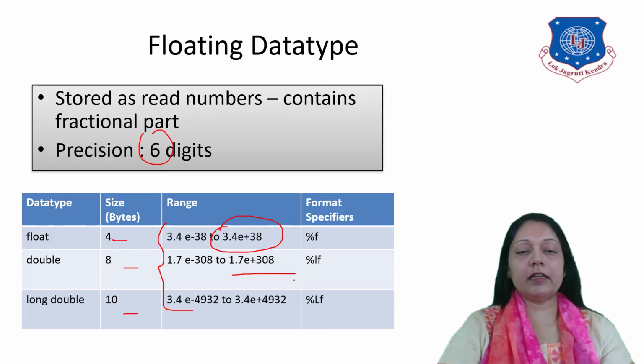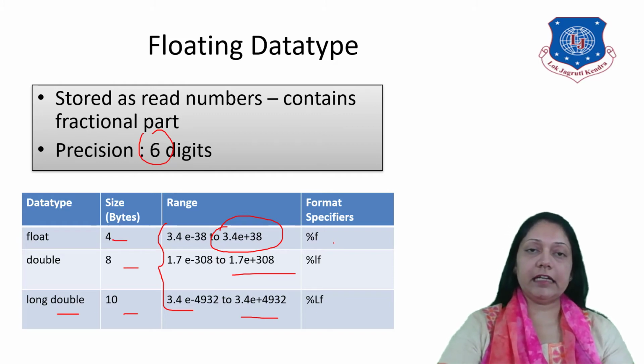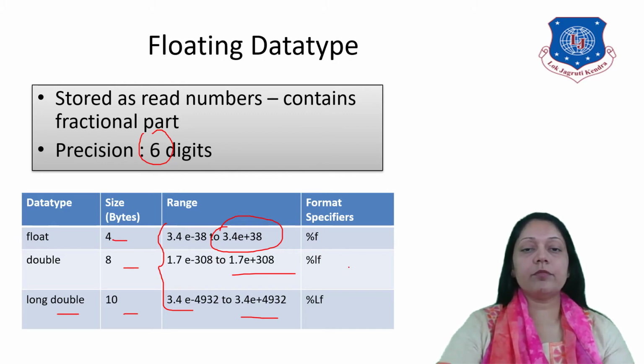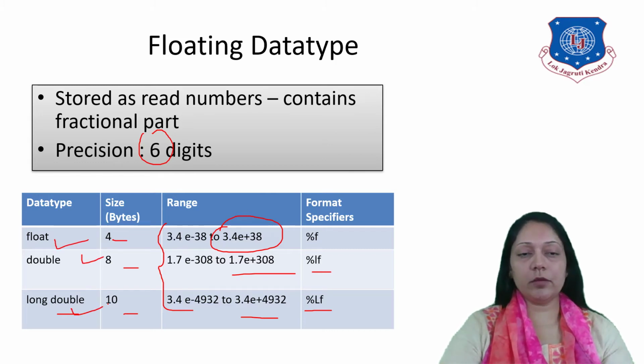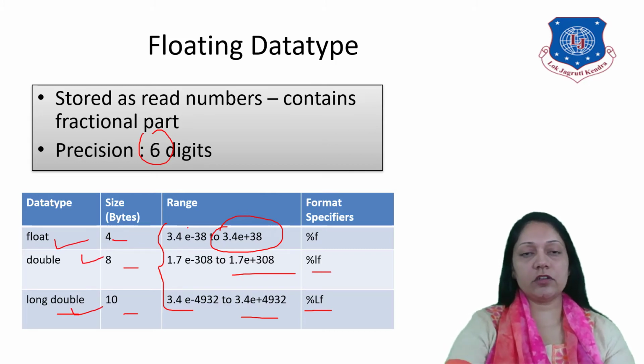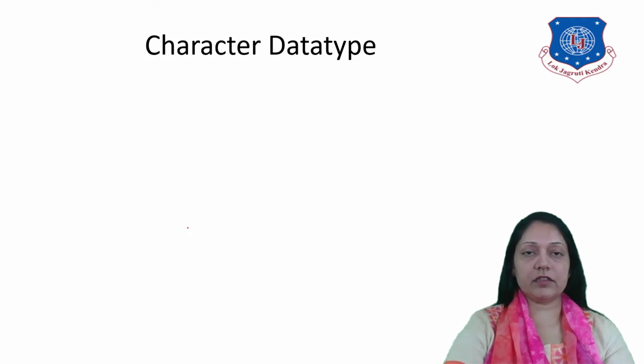If you want a higher number, go for double, or a still higher number, you can go for long double. The format specifiers here are %f, %lf and %Lf. So for floating point you can go for either float, double or long double depending on the use of the numbers. Next is character data type.